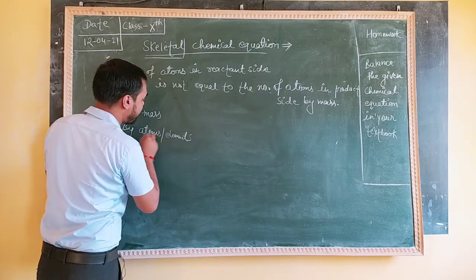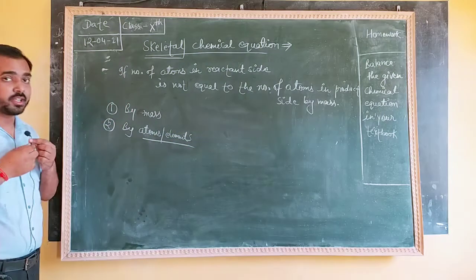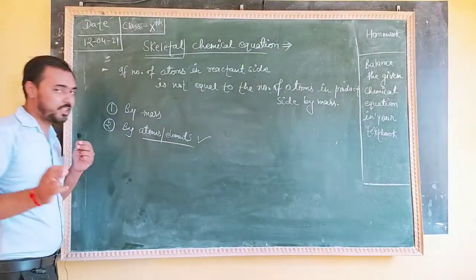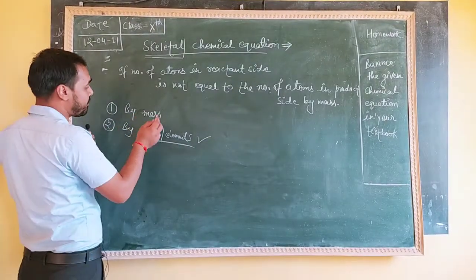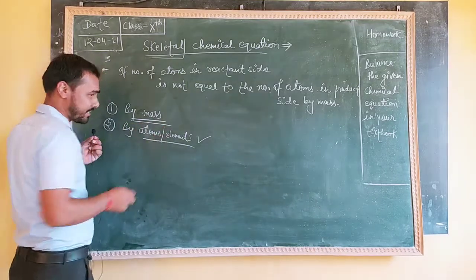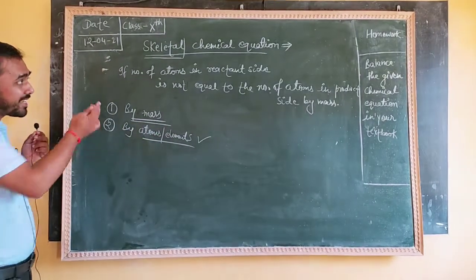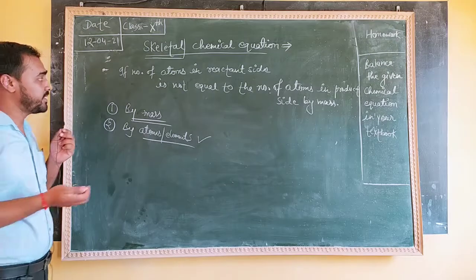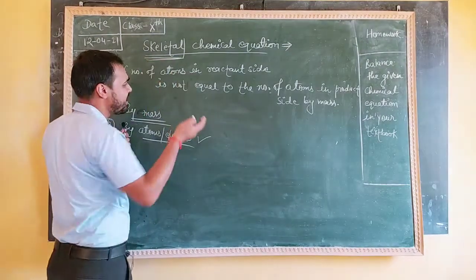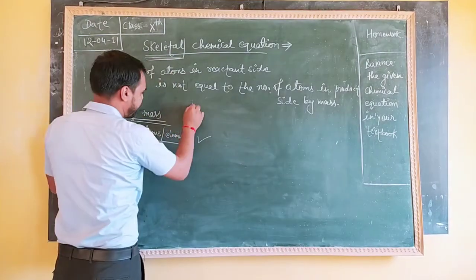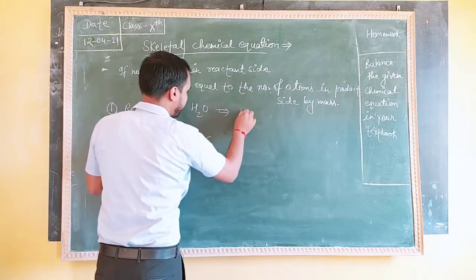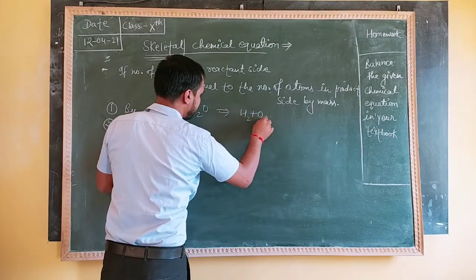Whenever we talk about the number of atoms or elements, in this case it is generally known as an unbalanced chemical equation. But whenever we talk about mass, if the mass in reactant site is not equal to the mass in product site, that is known as a skeletal chemical equation. As an example, nothing is going to be different, because here we will just take the example on the basis of mass.